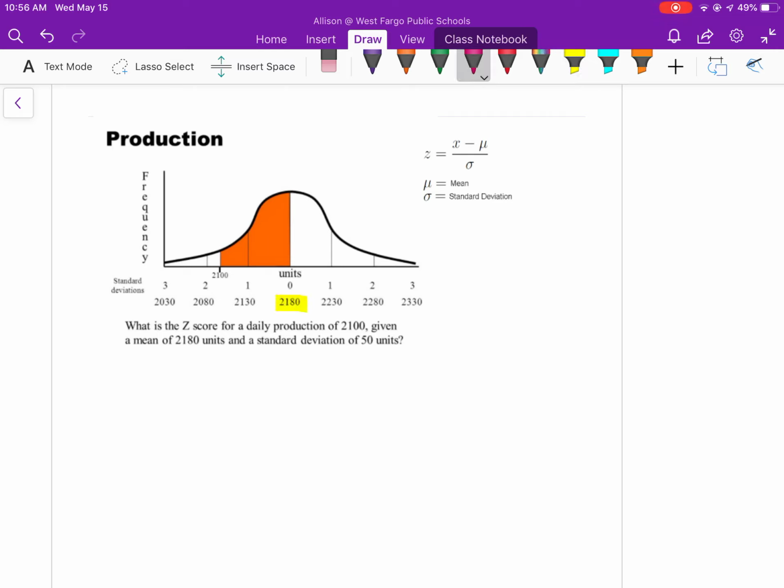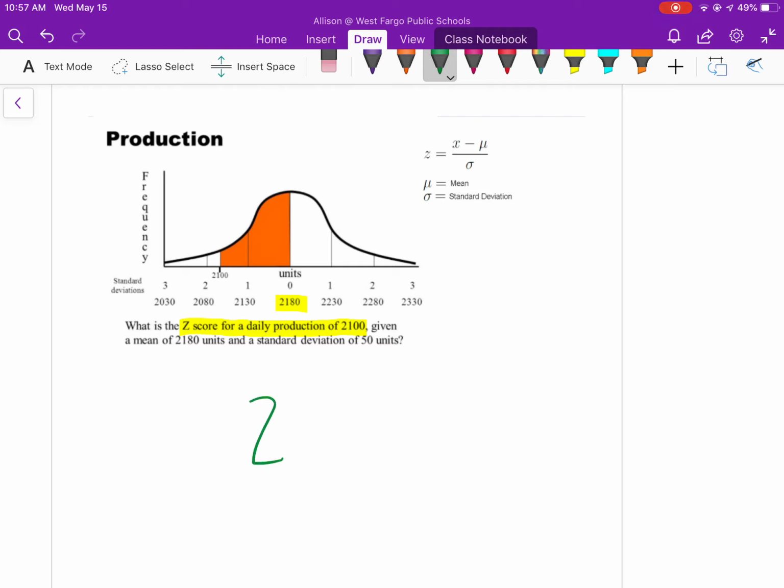And then we add 50 to the right, 1 standard deviation, add another 50 and keep going 3 times, and then subtract 50 to get to the left points. And we're looking for the Z-score for the daily production of 2100. So how far away is 2100 from the average of 2180? How many standard deviations is it away from the average?